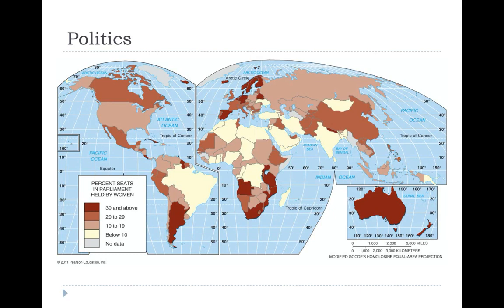Okay, politics, so the percent of seats in parliament held by women. So the dark brown countries have 30 or above, so 30% or higher of the government positions are held by women. Australia and New Zealand both have very high women percentages.